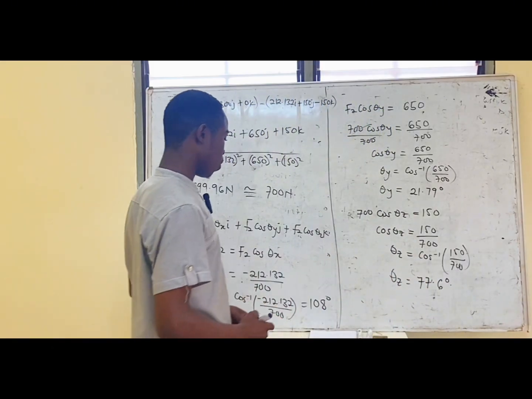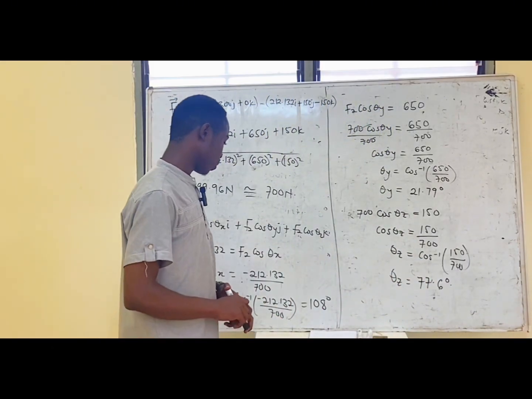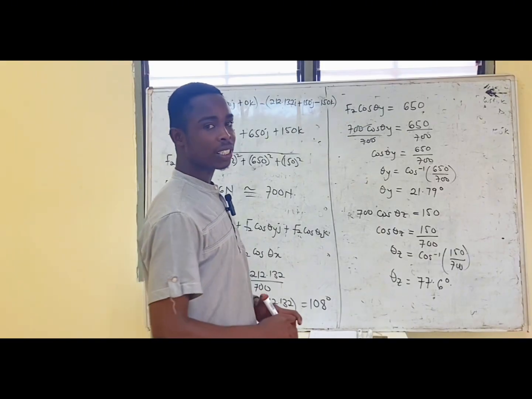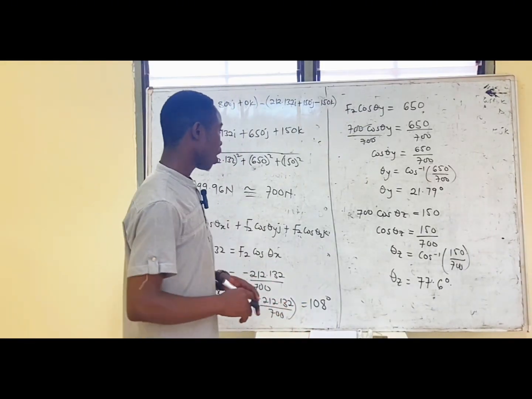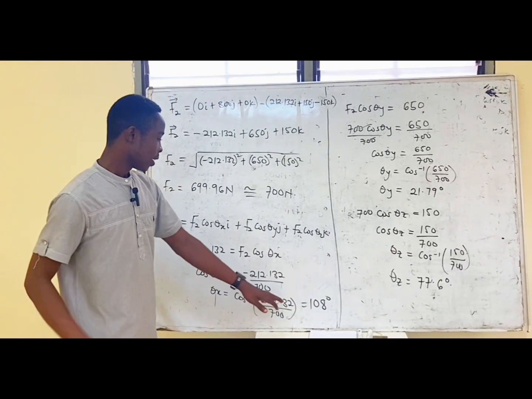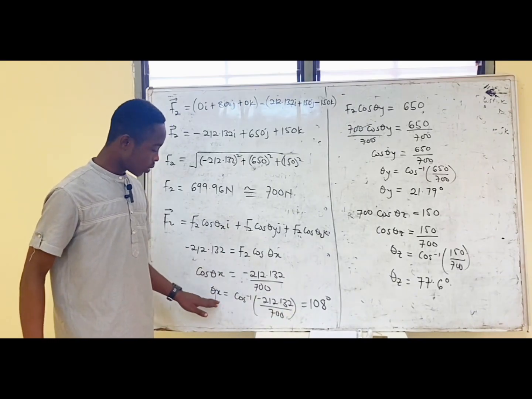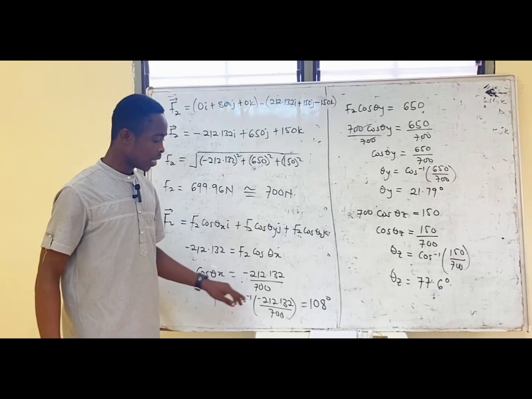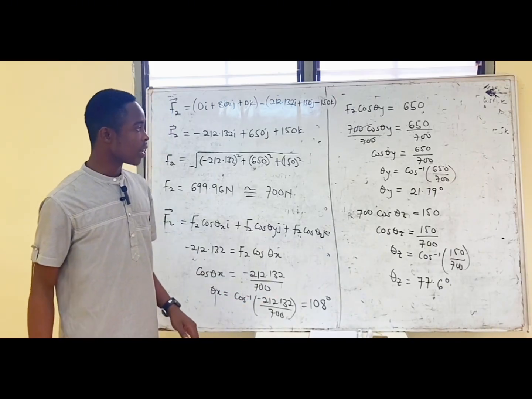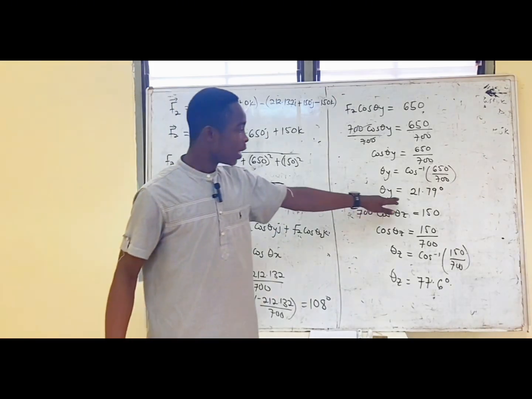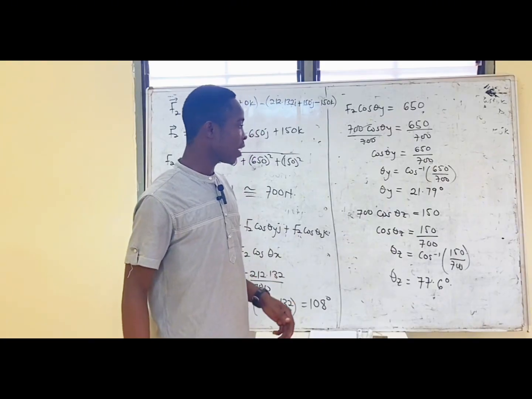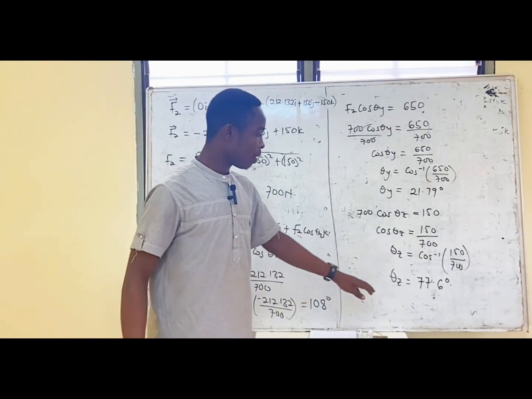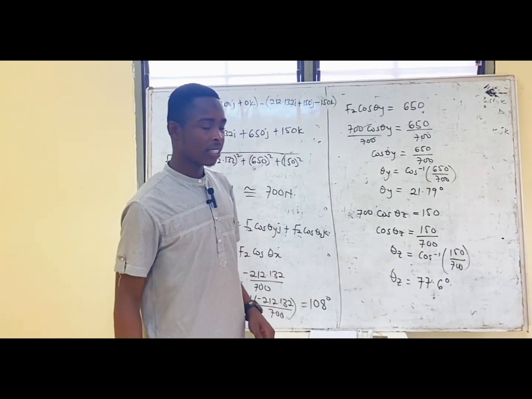So therefore, our magnitude for the F2 is 700 Newton. Our theta x, that's the directional cosine for F2 with respect to the x-axis, is 108 degrees. Our theta y is 21.79 degrees, and our theta z is 77.6 degrees.